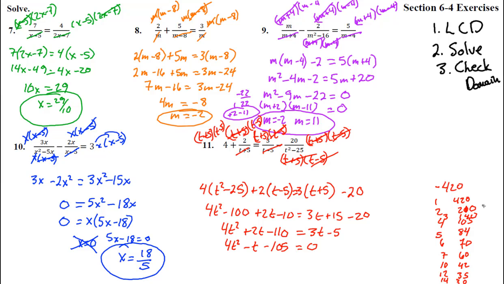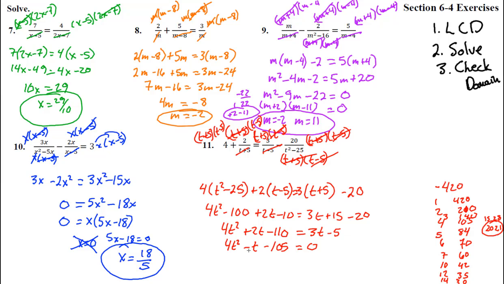We got to make a new column over here. 15 goes into it maybe 28 times. 20 will go into it 21. Oh goodness, we should have started clear at the end.